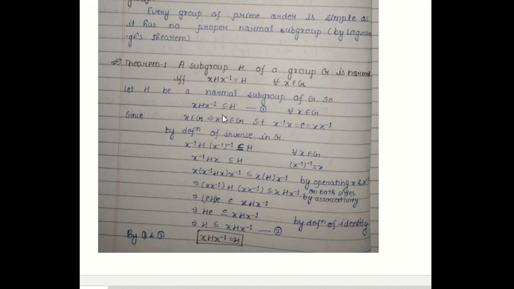This property holds. Now x is an element of G and G is a group, so x inverse belongs to G, where E is the identity of the group.